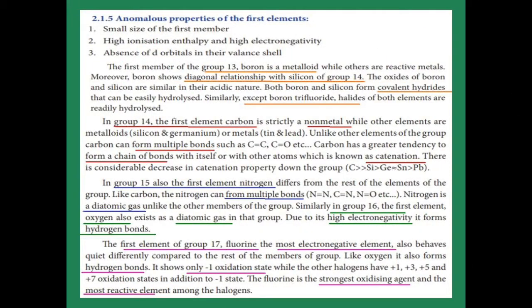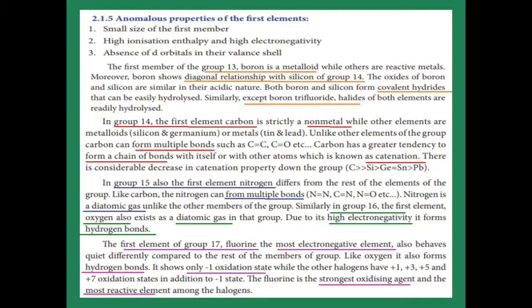Anomalous properties of the first element. What is an anomalous property? We know very well that in each group all the elements have the same property, but the first element alone has a different property than the rest of the group members. This is because of three reasons. First, the first member always has a smaller size than the other members. Second, the first member possesses high ionization enthalpy and high electronegativity.